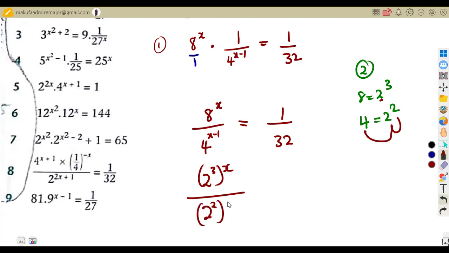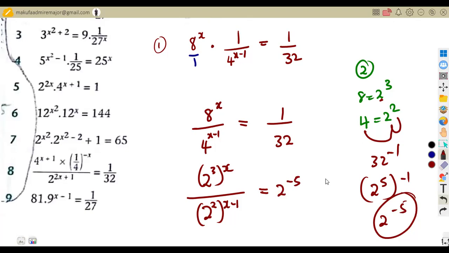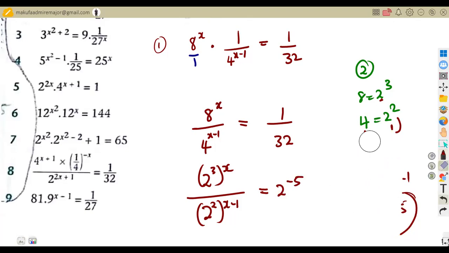So it's already raised to the exponent of x minus 1. And this is equal to, remember this 1 over 32, we can write it as 32 to the exponent of negative 1. 1 over a number. But in the base of 2, 32 is the same as 2 to the exponent of what? Of 5. Affected by negative 1, so it's the same as 2 to the exponent of a negative 5.